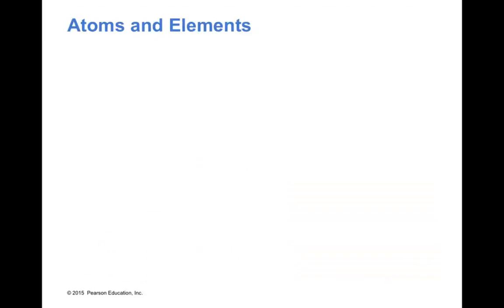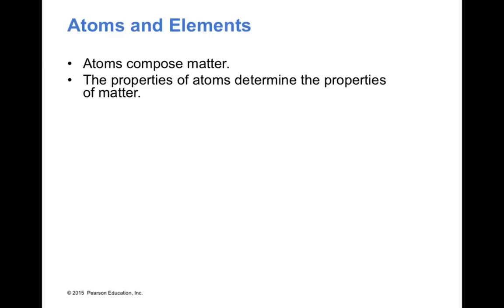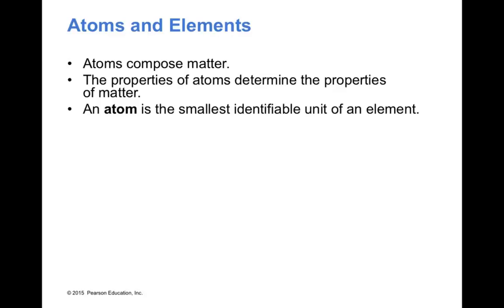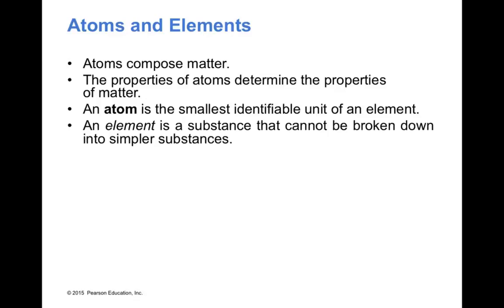Now let's talk about some facts of atoms and elements. Atoms compose matter. The properties of atoms determine the properties of the matter. An atom is the smallest identifiable unit of an element. An element is a substance that cannot be broken down into simpler substances.